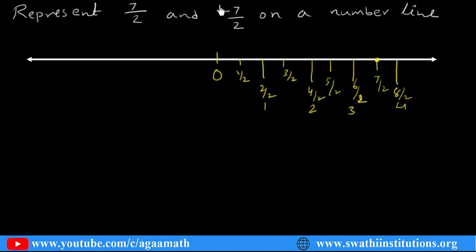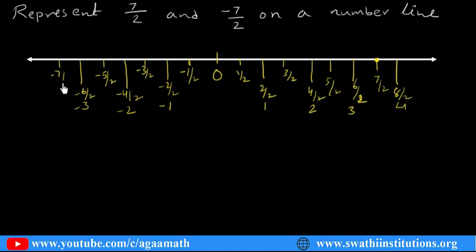Now we need the negative, so negative means towards the left side: minus 1 by 2, minus 2 by 2 is nothing but minus 1, minus 3 by 2, minus 4 by 2 is nothing but minus 2, minus 5 by 2, minus 6 by 2 is nothing but minus 3, minus 7 by 2.